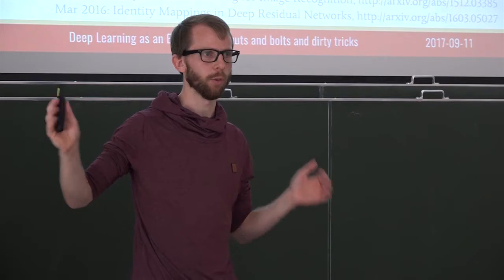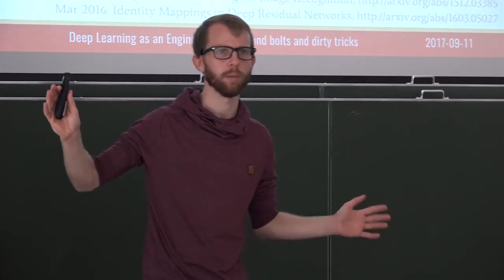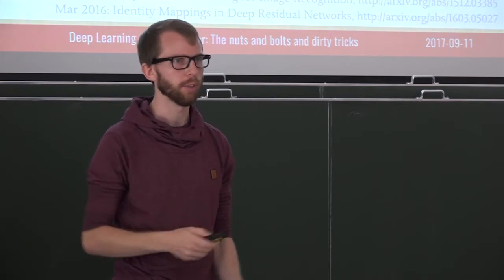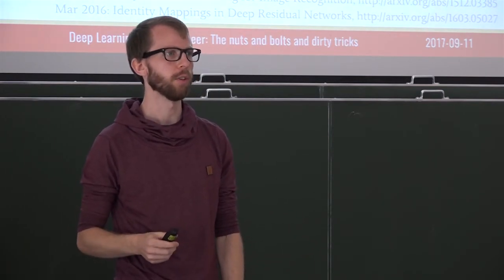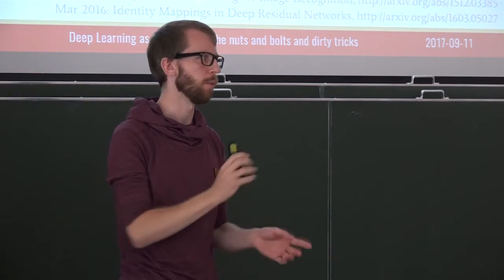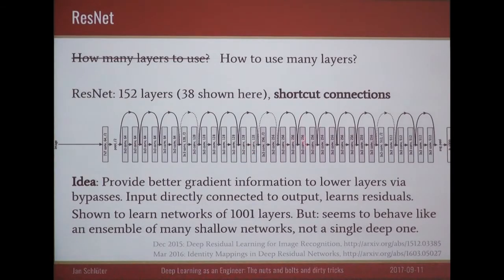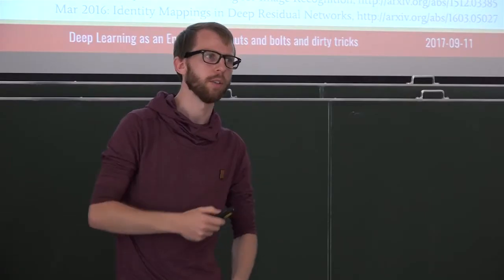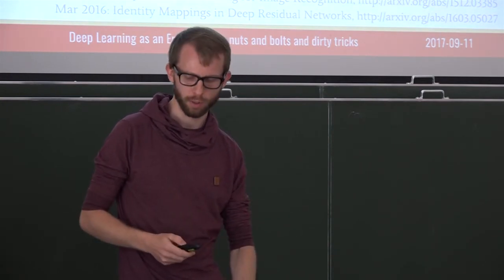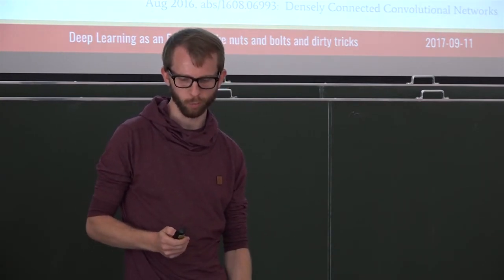And this was shown to be able to train networks of 1,000 layers, but it was also later shown that these networks do not really behave like very deep networks, because most of the time only very few of these residual blocks contribute to the output for a particular training example. So it's more like an ensemble of shallow networks, not a very deep network.